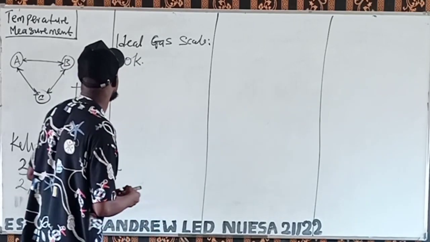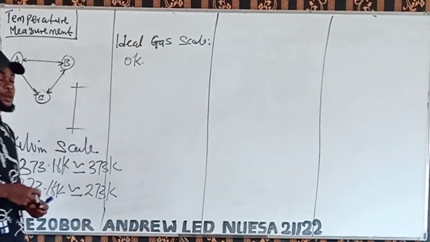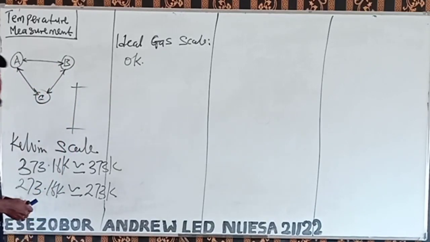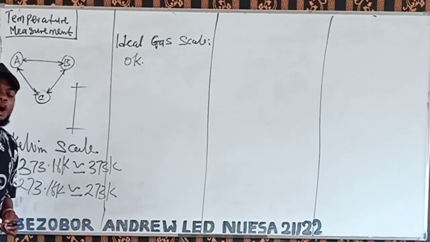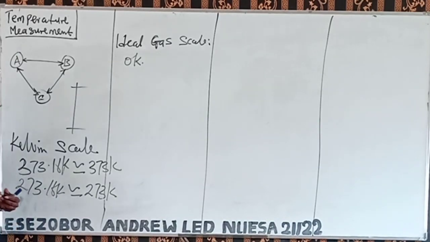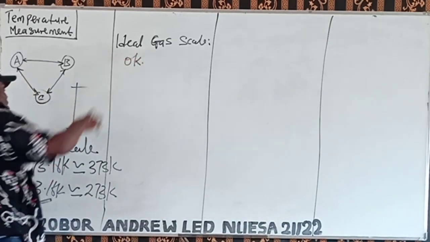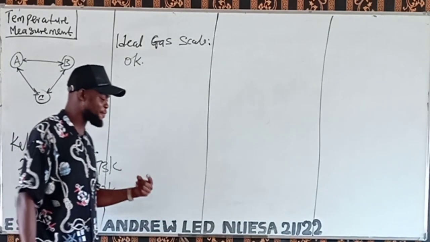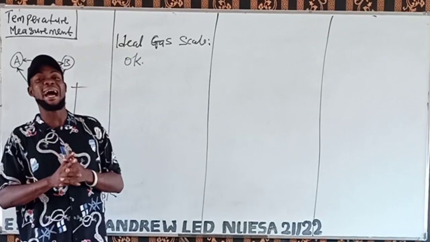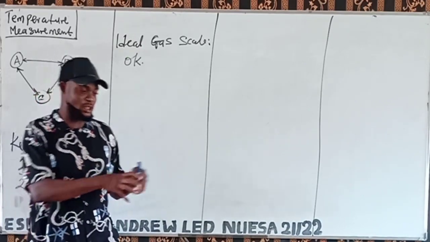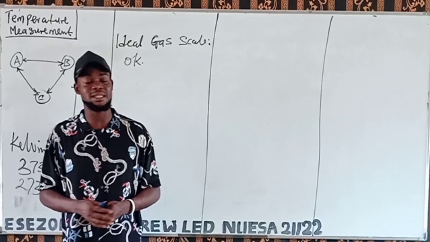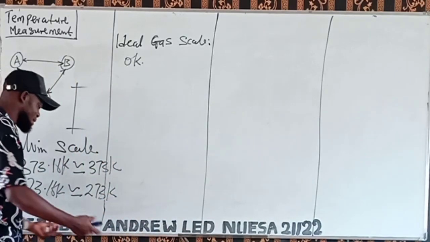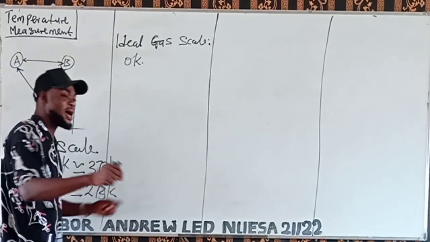It's very, very important. Now, the upper fixed point of this scale is the temperature of the triple point of water. Now, what is the triple point of water? It is the point at which water coexists in its solid, liquid, and gaseous states.